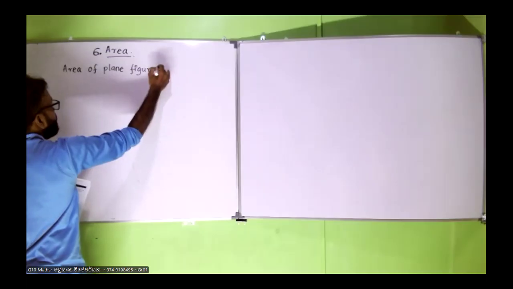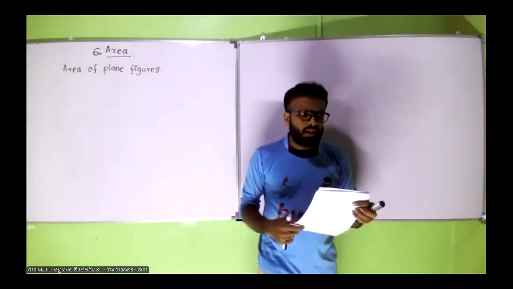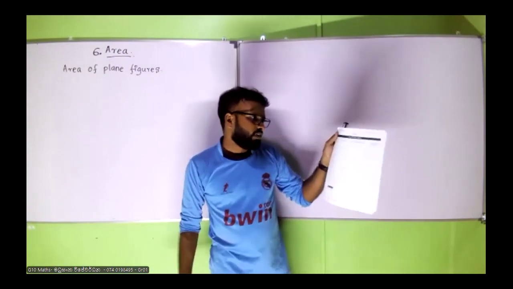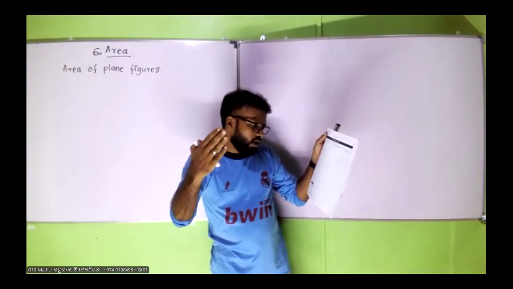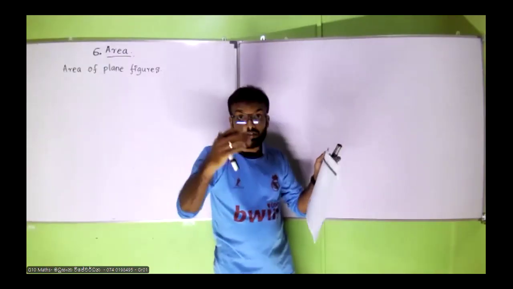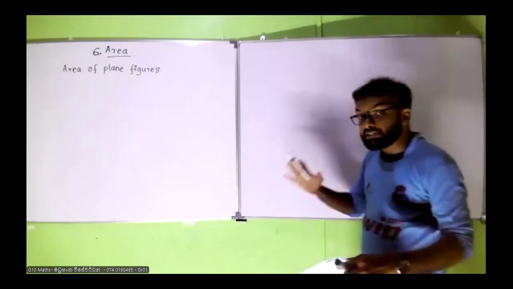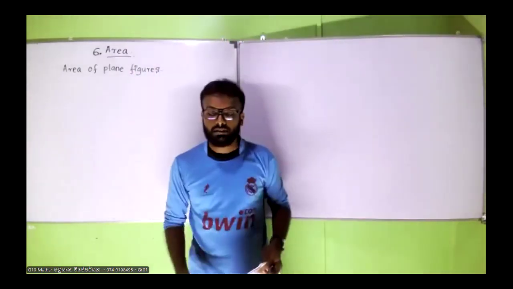Areas of plane figures. I hope you know these things: area of a rectangle, area of a square, area of a parallelogram, then triangle, trapezium, circle. Please write them. I hope you have learned those things in the previous grades.